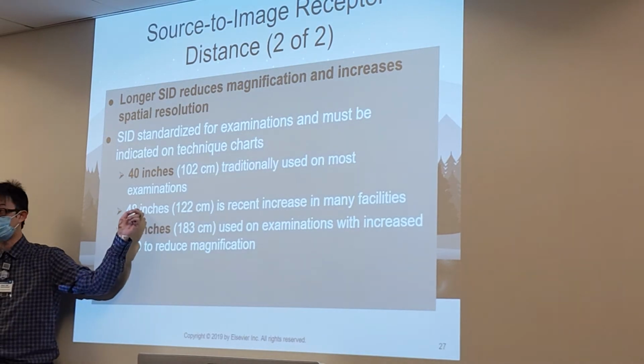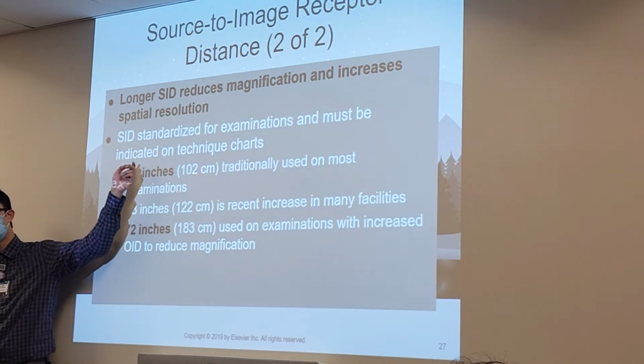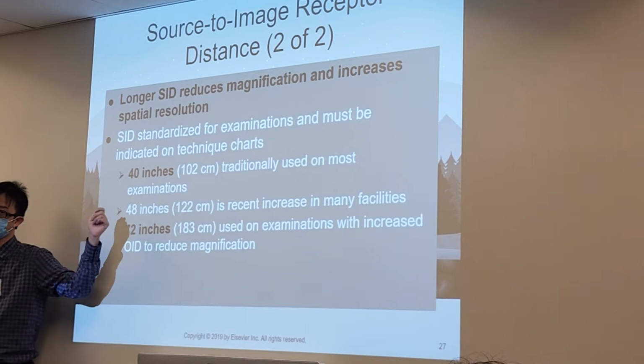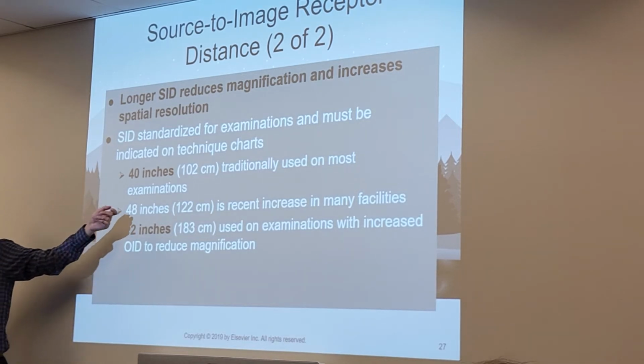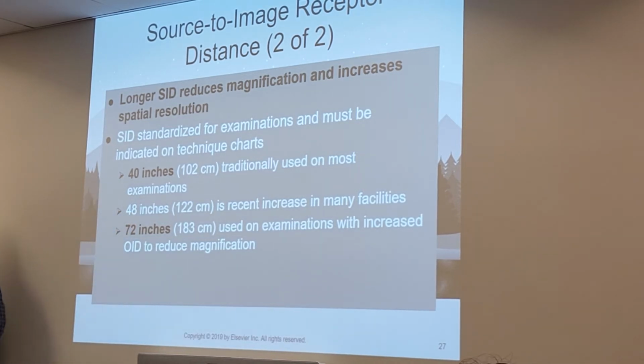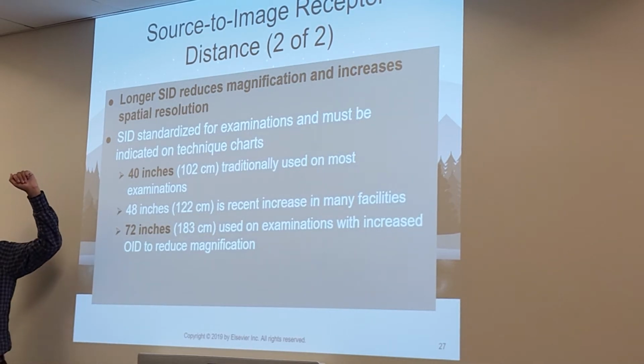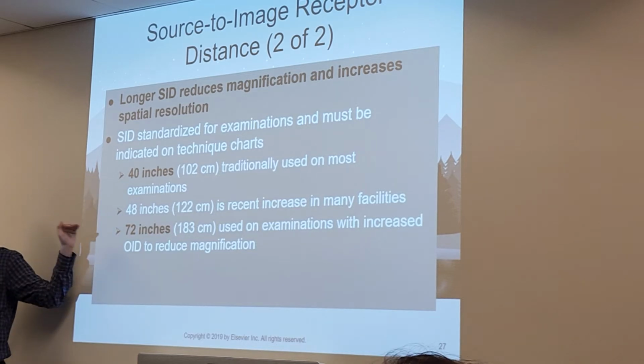Sometimes you may see something else aside from these. For example, you might see 44 or 48 inches instead of exactly 40 inches. Okay, so just a slight increase in SID here. But generally speaking, we're going to be talking about 40, we're going to be talking about 72.